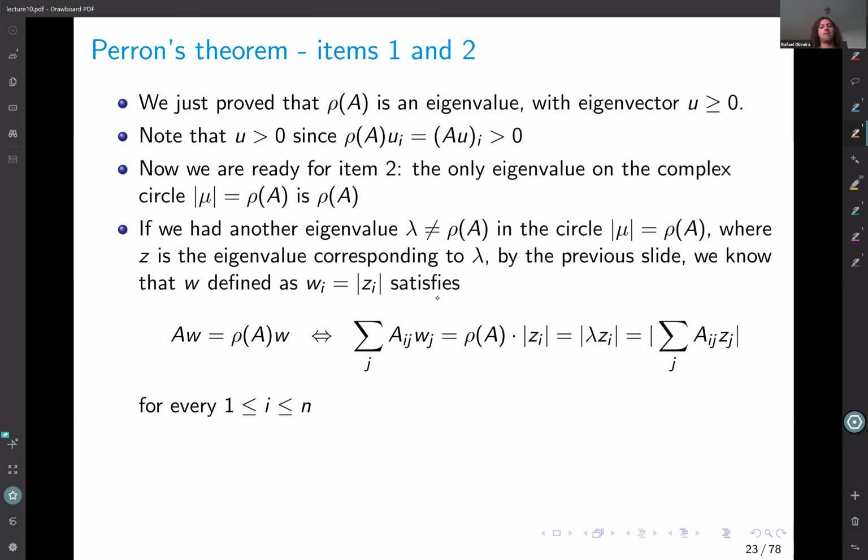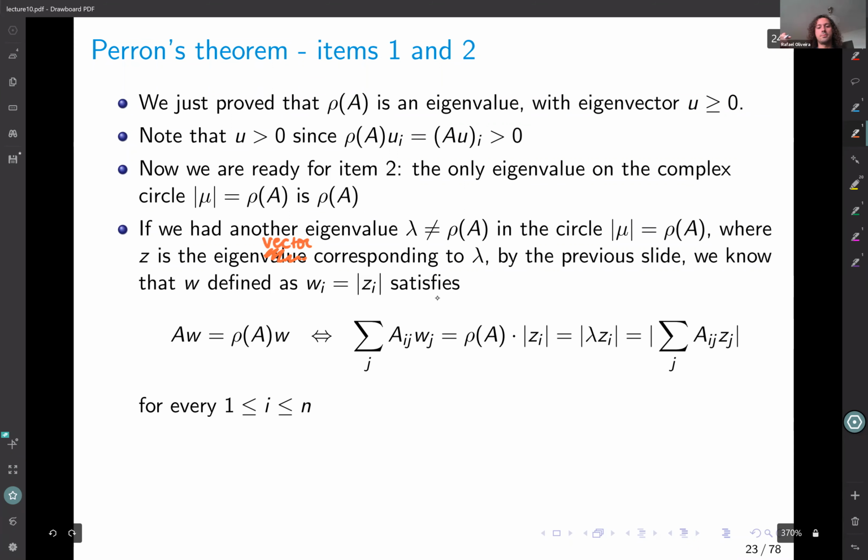Suppose we had another eigenvalue lambda, which is different from rho of A, and suppose it is in this circle, the circle of all complex numbers mu such that the absolute value of mu is equal to rho of A. Now, suppose that z is the eigenvector corresponding to lambda. Sorry for the typo here.